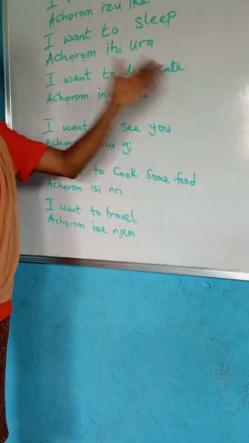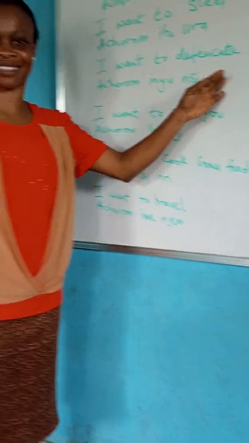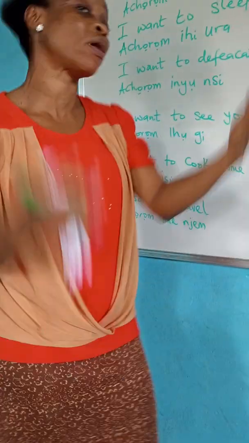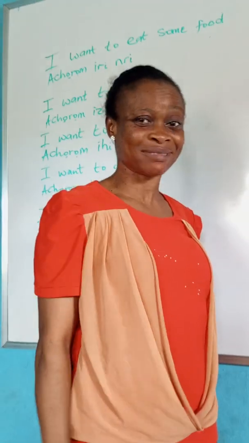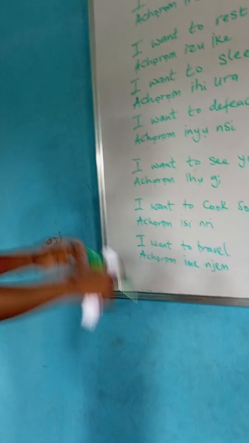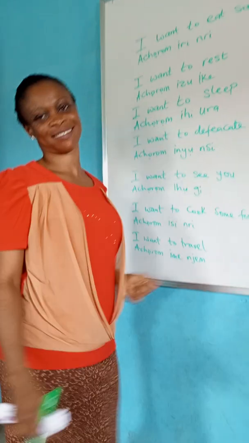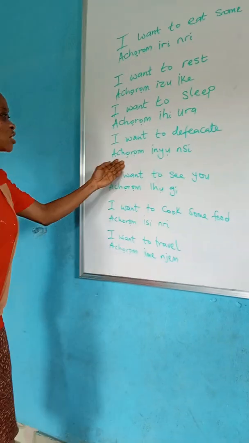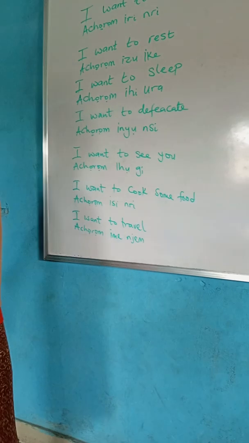I want to defecate. For example, when your kids want to tell you, oh, mom, I want to poo-poo. How do they say it using Igbo language? Achọrọ m ịnyụ nsị. Good, that is how to say it.